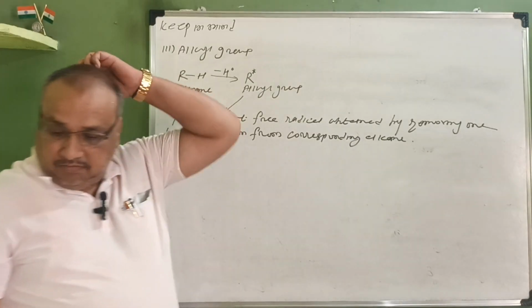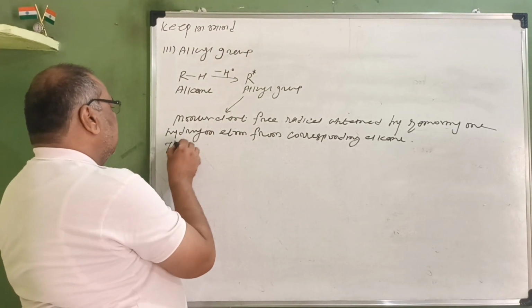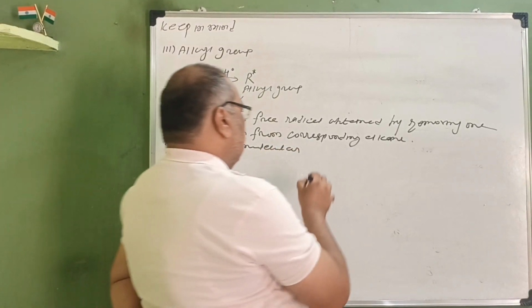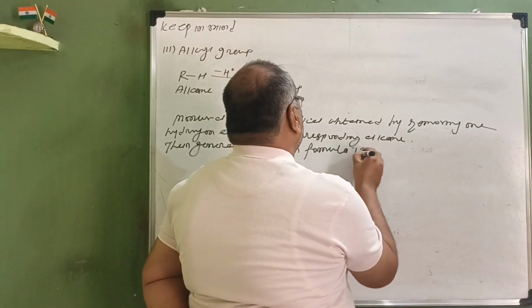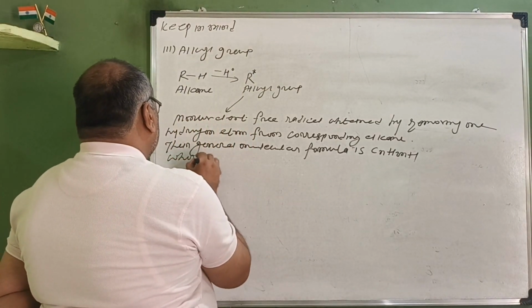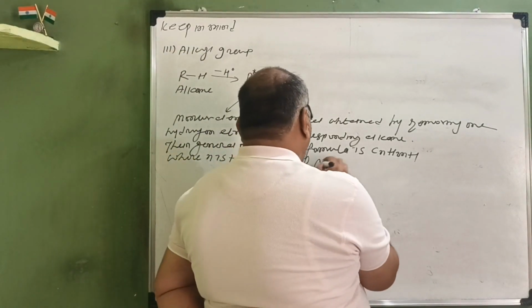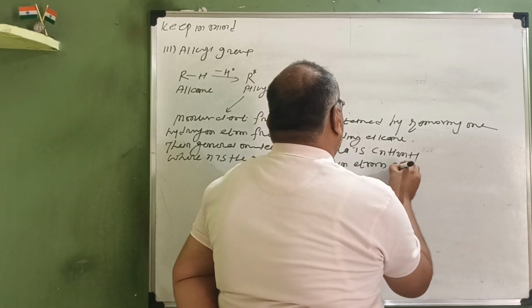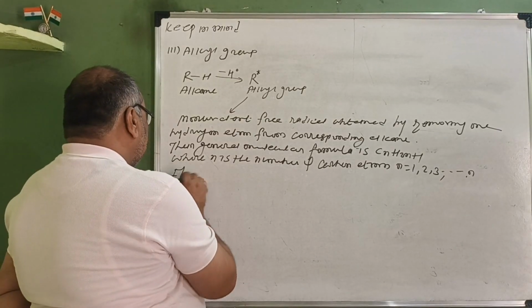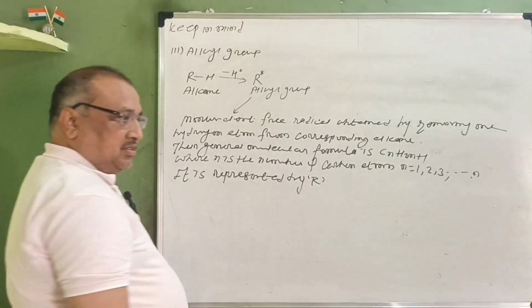Now here their general molecular formula is CnH2n plus 1, where n is the number of carbon atoms. It is represented by capital R.